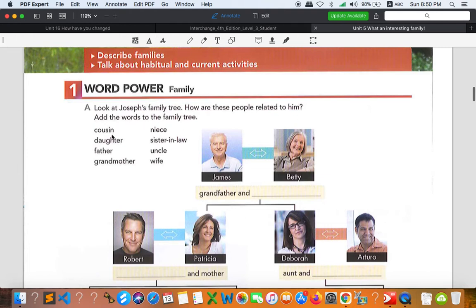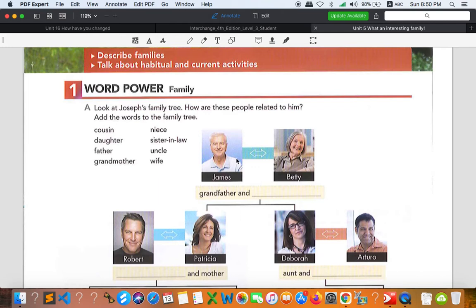All right, so we have the words cousin, daughter, father, grandmother, niece, sister-in-law, right? When your brother gets married, his wife is your sister-in-law, okay? Uncle and wife.